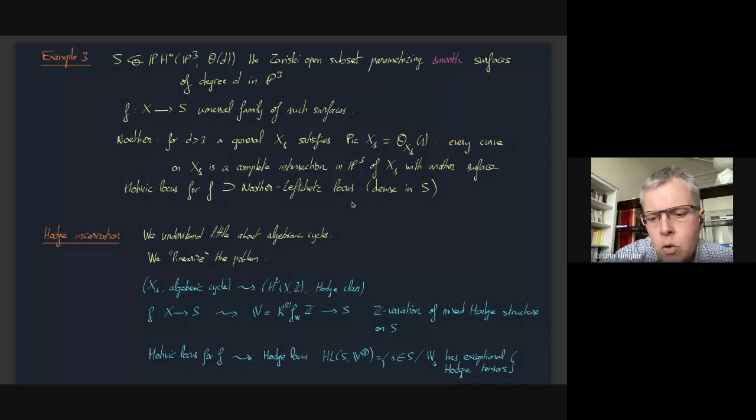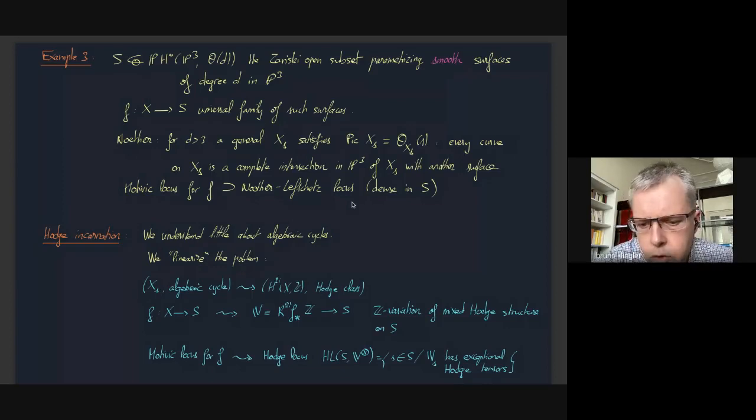Okay. So in general, I can consider even variations of mixed Hodge structure on S, which have to be admissible. And then rather than studying the motivic locus for F, the Hodge incarnation of that problem would be to consider the Hodge locus for this variation of Hodge structure.